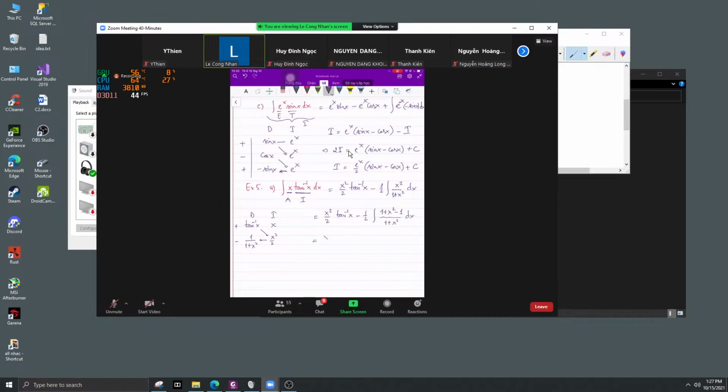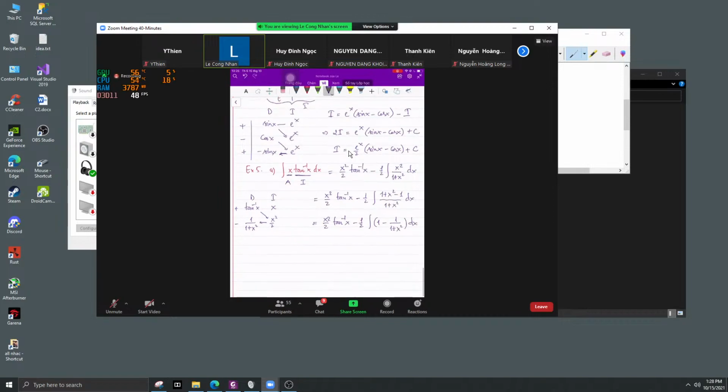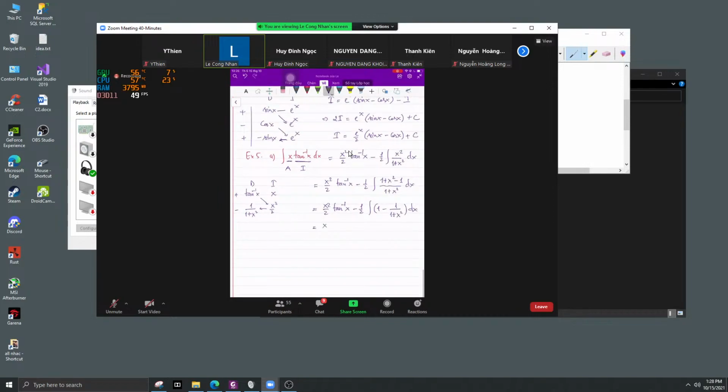So we have x squared over 2 inverse function of x minus 1/2 integral of 1 minus 1 over 1 plus x squared dx. Integrating the function, we get x squared over 2 inverse function of x minus 1/2 times x minus inverse function of x plus a constant c.